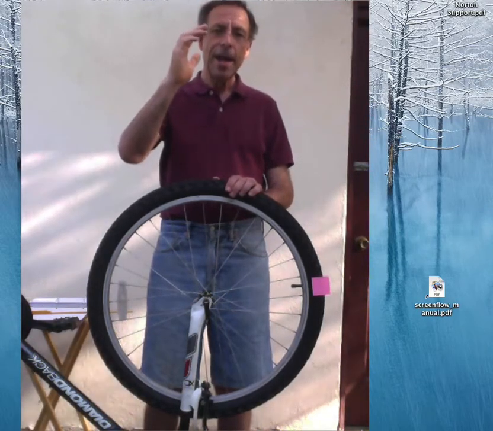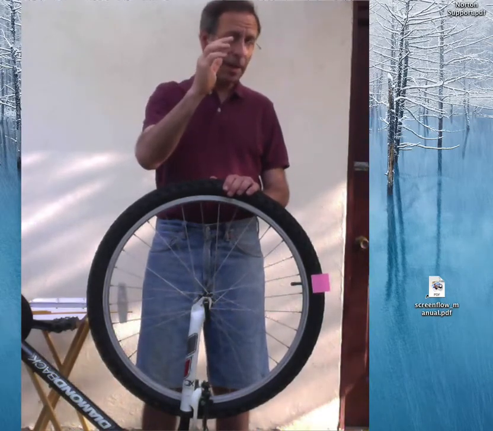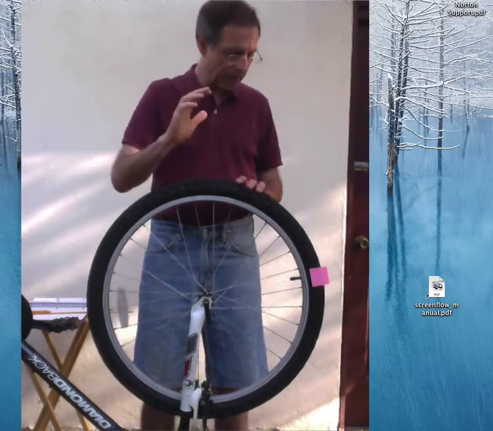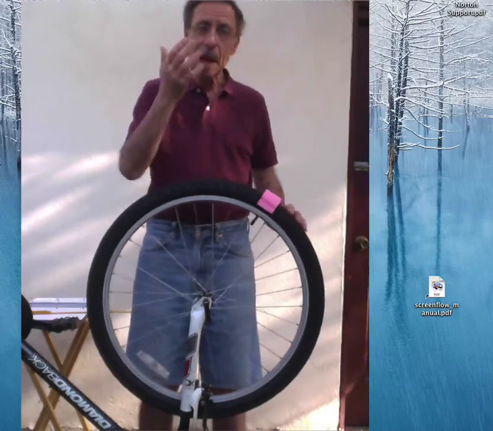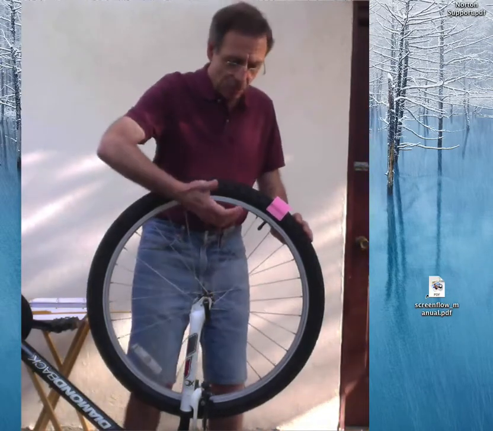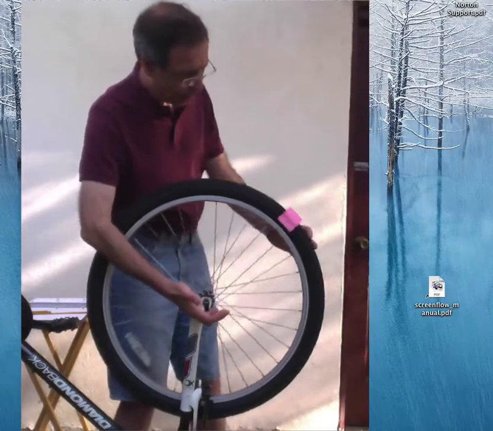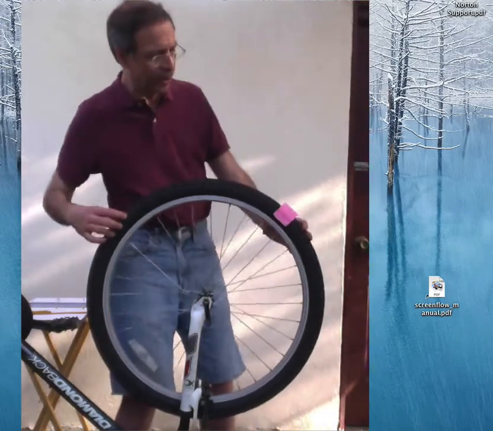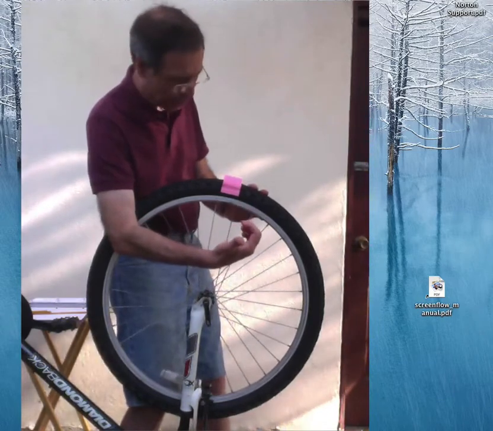I want my fingers to curl the same way that the wheel is turning. So if the wheel is going this way, I want my fingers to also go this way.